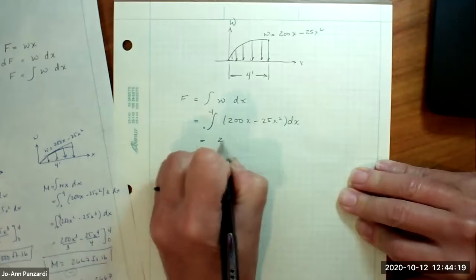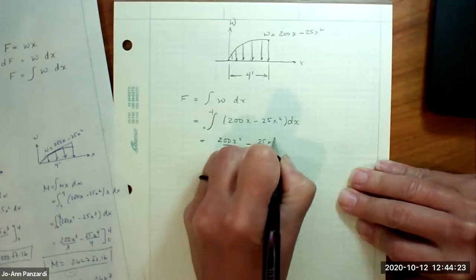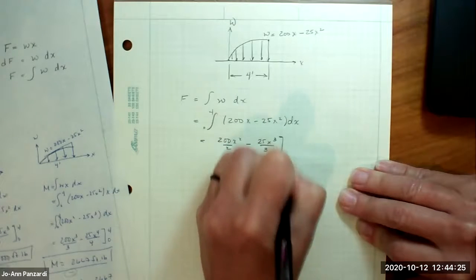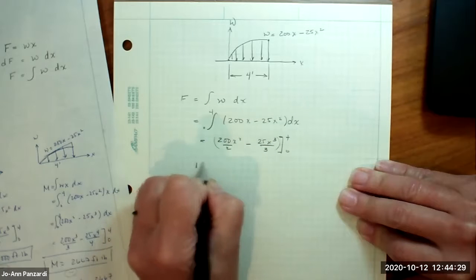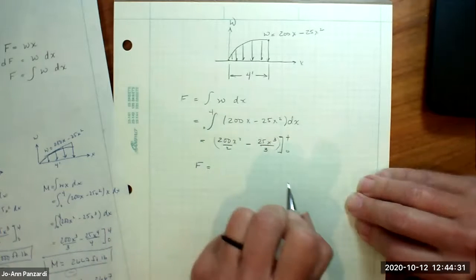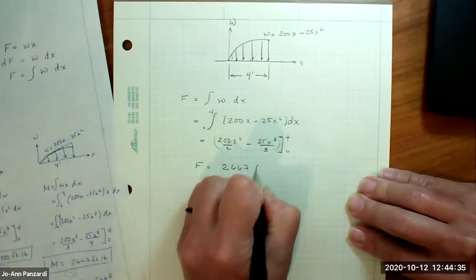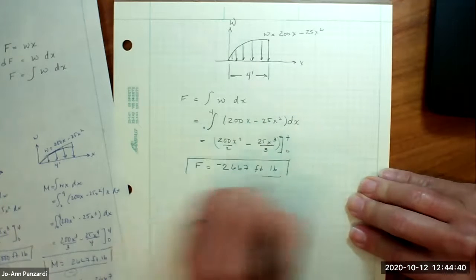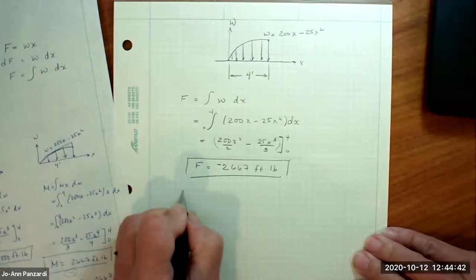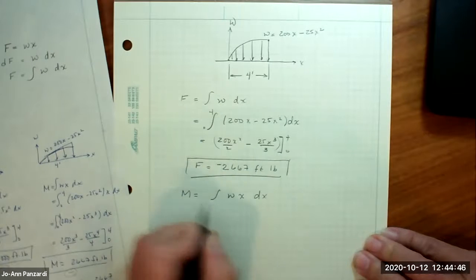So it turns out to be 200x squared over 2 minus 25x cubed over 3, all evaluated from 0 to 4. And my force, when I do my math, turns out to be 2,667 foot-pounds, and again, it's negative. Then I solve for my moment. My moment is equal to the integral of Wx dx.